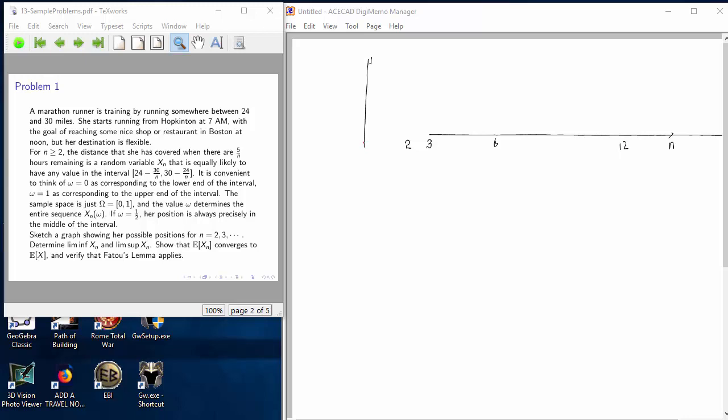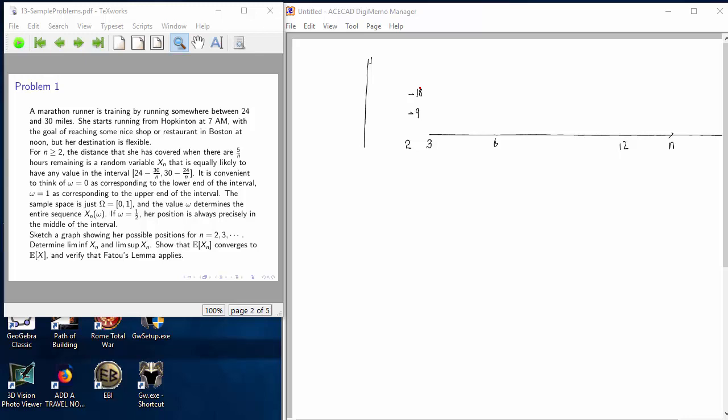her total distance traveled is in a certain range, between 24 minus 30 over n and 30 minus 24 over n. So that means that when n equals 2, she's run somewhere between 9 and 18 miles.